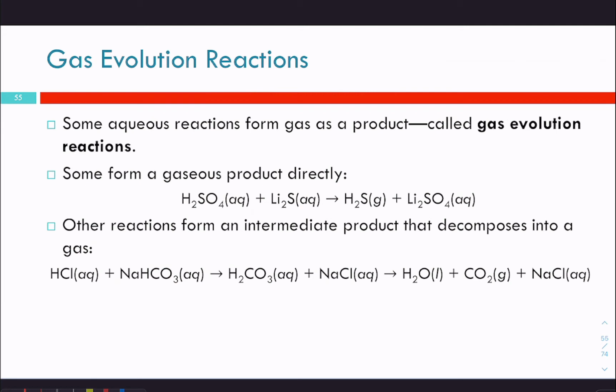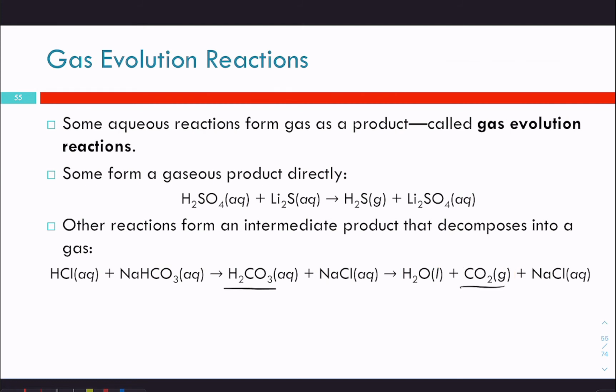So you'll write out your reactants, and you'll get some set of products. And then there are some products, H2CO3 here, or carbonic acid, which can decompose into water and CO2, thereby giving you a gas.